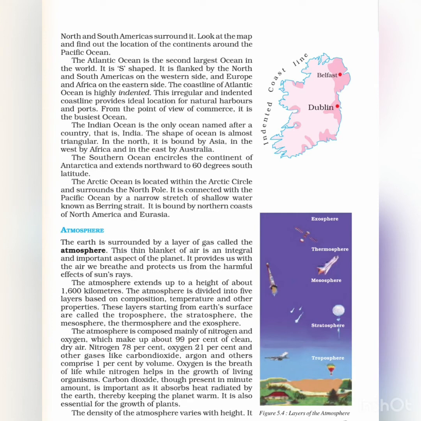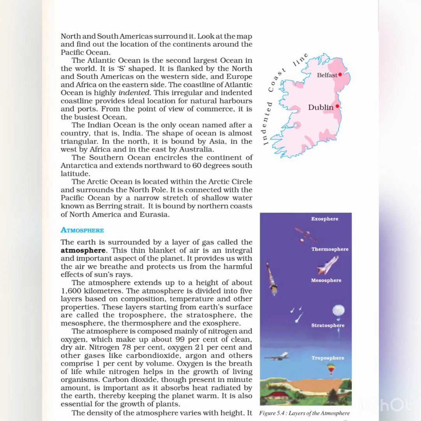Next is Atlantic Ocean. It is the second largest ocean and it is an S-shaped ocean. It has a very long and indented coastline that provides good sites for sheltered harbors and seaports. Because of this, it is the busiest trade and commerce route of the world.